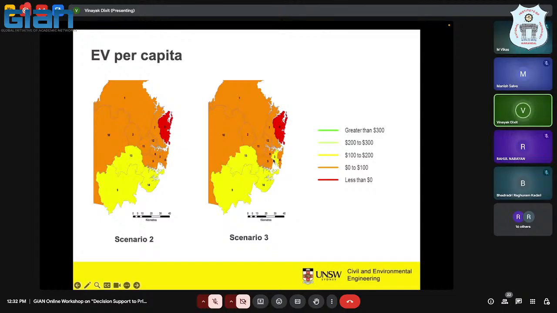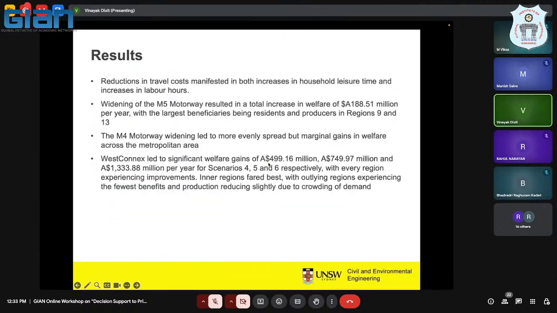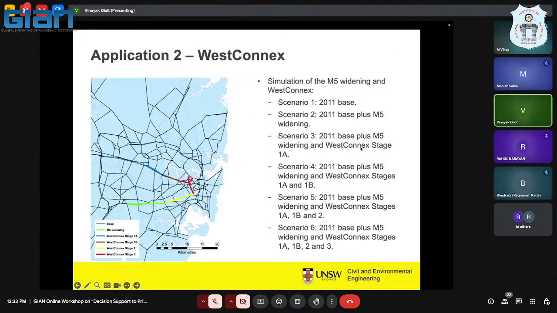Region 3 has had the maximum benefit for scenario 3, which was M5 plus WestConnex stage 1A. So M5 was there, and you're adding this widening of the.